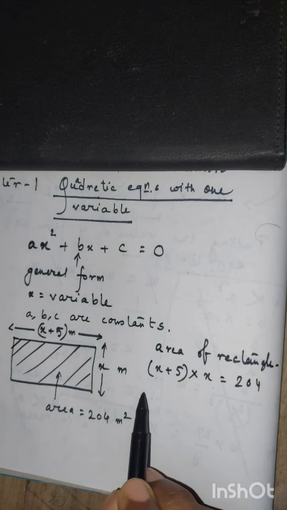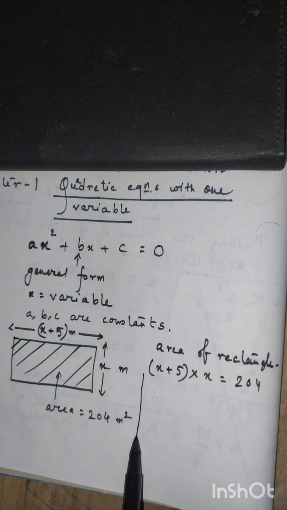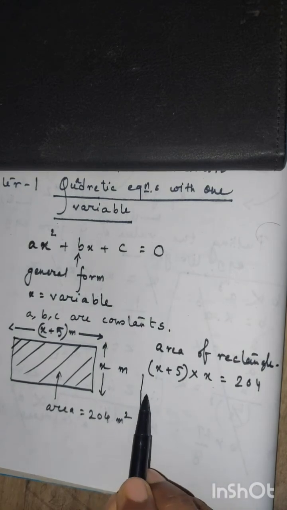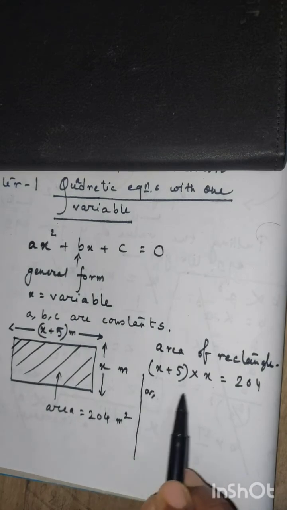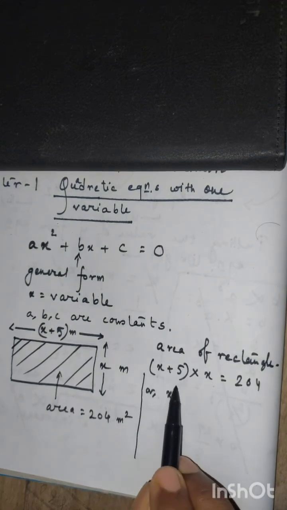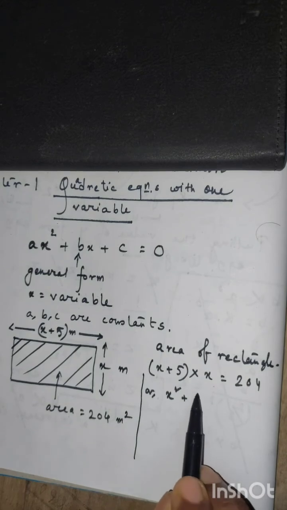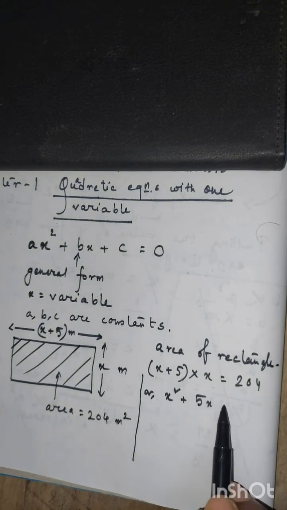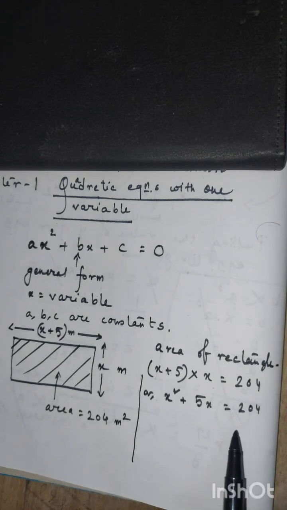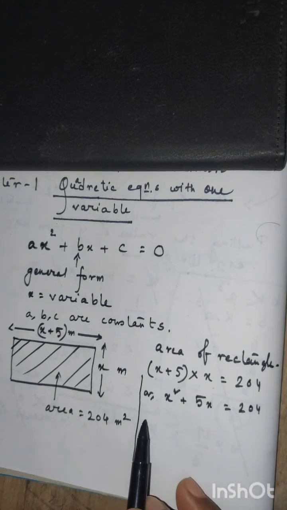Now if we open this bracket, we get x into x, x square, plus 5 into x, 5x, equal to 204. Now we are taking 204 to the left side.